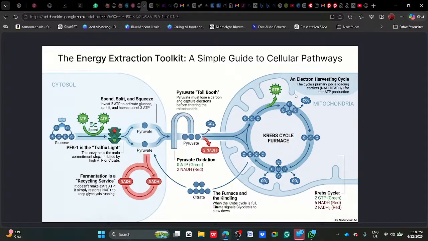The first one is that it will proceed via fermentation, and thereafter the fermentation will restore energy back so that the process of glycolysis will be able to start all over again. So fermentation is a recycling service.